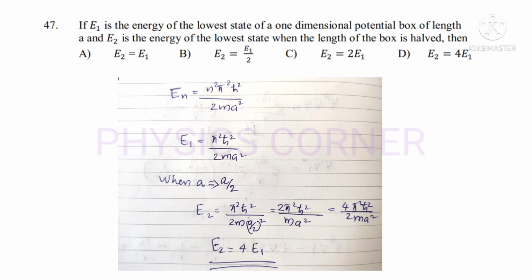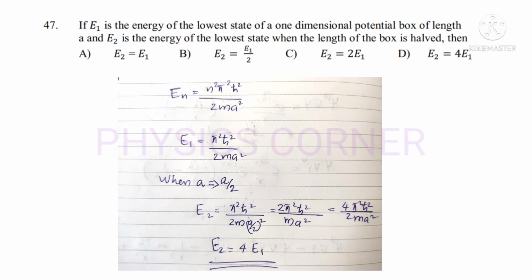Here you have to remember this equation for energy eigenvalues for a particle in a one-dimensional box. That is, En is equal to n square pi square h cut square by 2ma square. It's a simple one, right? So you can learn it by heart.